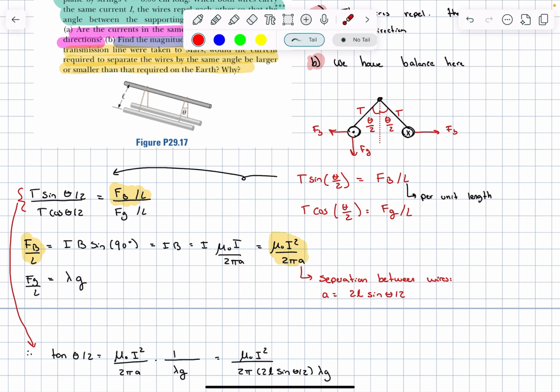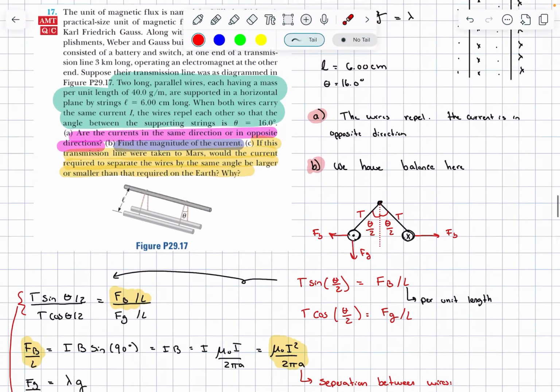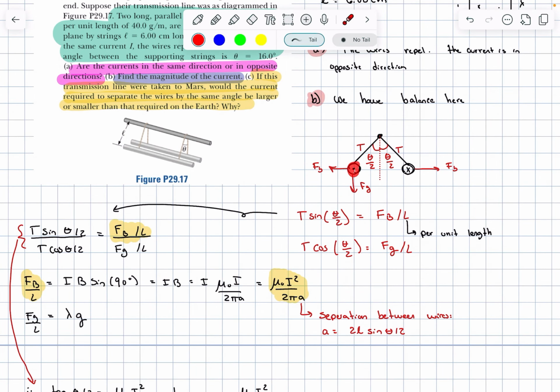What is B? If you go back to the theory from this chapter, we know that the magnetic field produced by a very simple straight current carrying wire is this, mu naught I divided by 2 pi A, where A is the separation between the wires. The idea again is that this current carrying wire produces a magnetic field here.